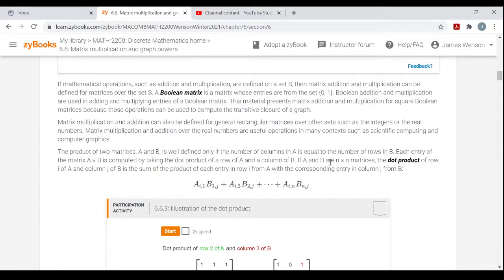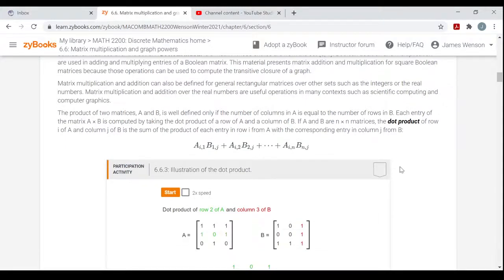So if A and B are n by n square matrices, the dot product of row I of A and column J of B is the sum of the product of each entry in row I from A with the corresponding entry in column J from B.